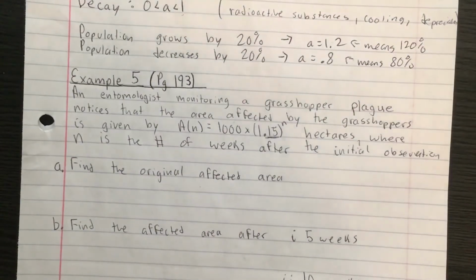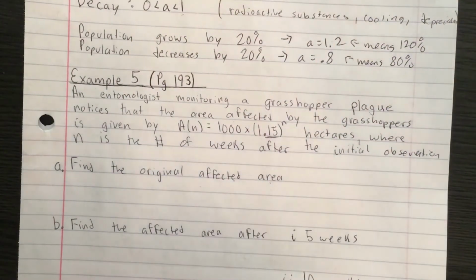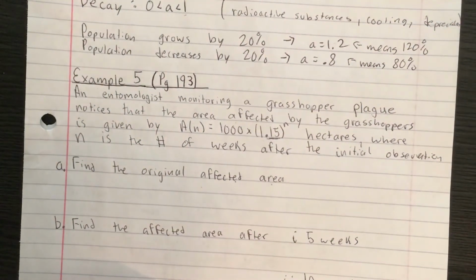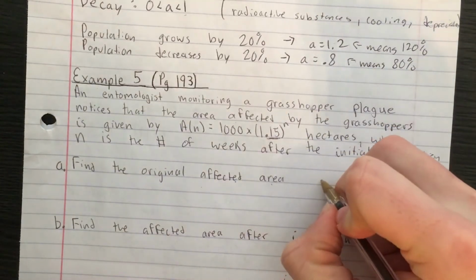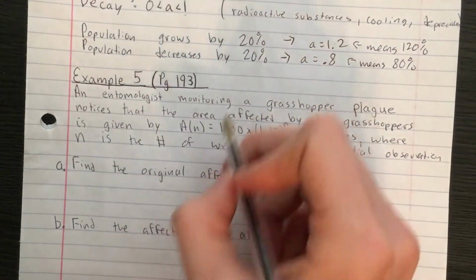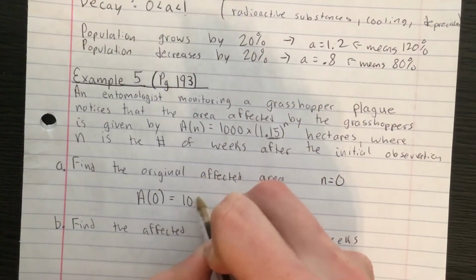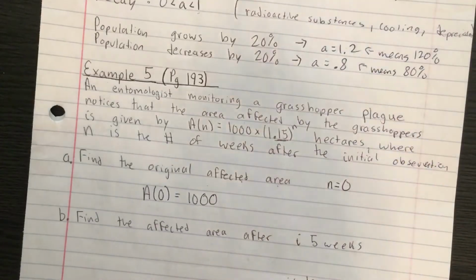We're given a couple things here. We want to find the original affected area. Ask yourself real quick, how much time has passed if I'm trying to find the original? You should be saying to yourself, well, Mr. Price, that would be n is 0. So we're going to find A of 0, using this equation right here.